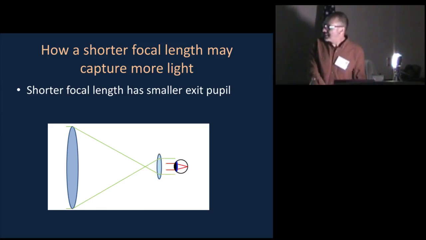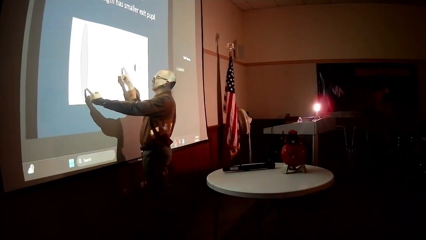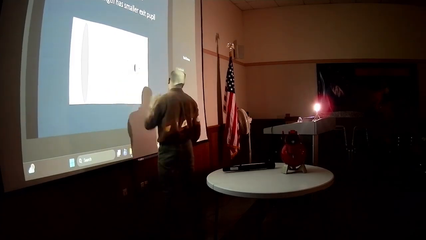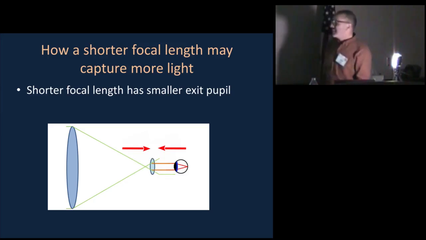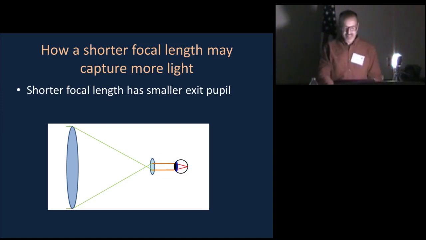Yeah, from there. This is the focal length of the telescope, and this is the focal length of the eyepiece. I'm going to shorten that focal length, and by doing that, I get that smaller image. So I'm now essentially focusing that light on the pupil of my eyeball.